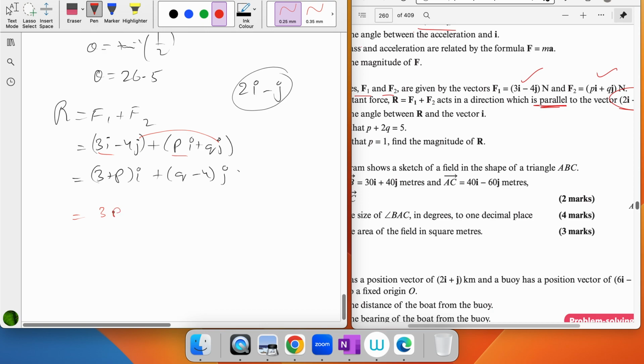This is 3 plus p and this is q minus 4, which is actually parallel to this, that is 2 minus 1. If they are parallel vectors, vector a and vector b, they must be connected with the equation a is equal to h times b, sometimes 1 time, 2 times, 3 times, or half or something.